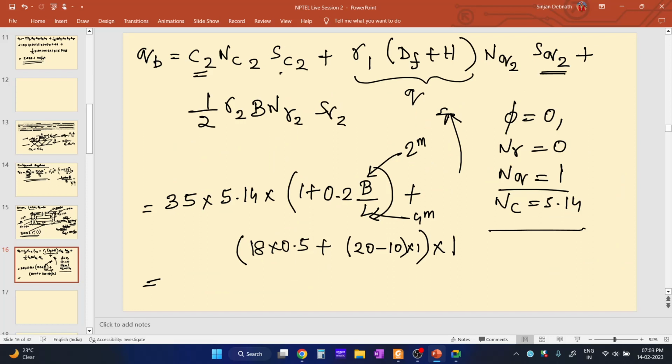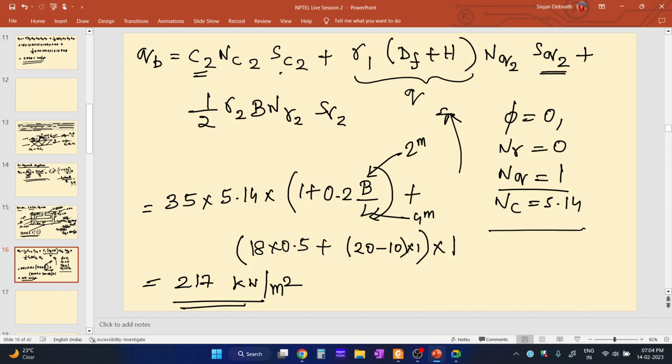So now you know all the values of all the parameters. Now if you just calculate this equation, you will get 217 kilonewton per meter square.